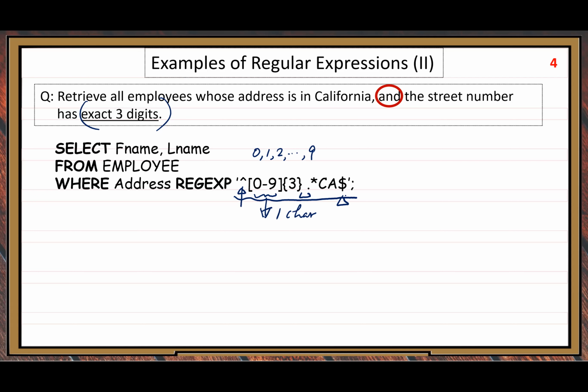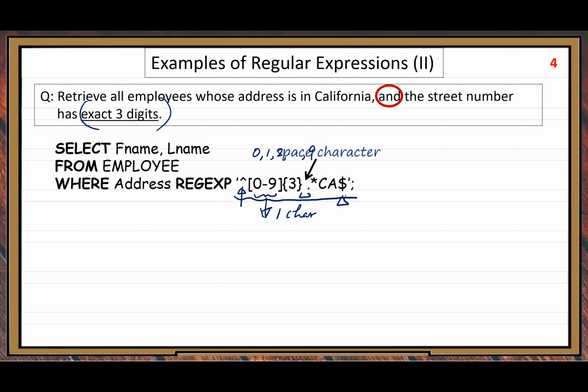To understand this regular expression, you need to be familiar with the rules I described in C.2, that one slide. We use several patterns there.